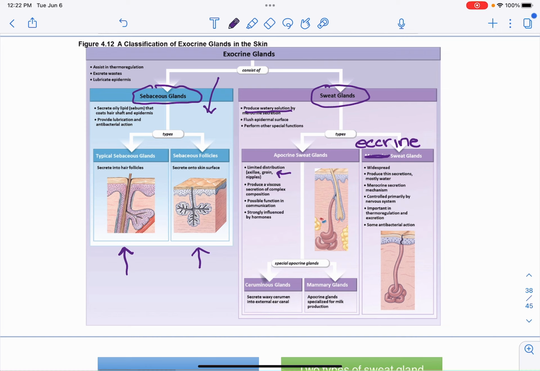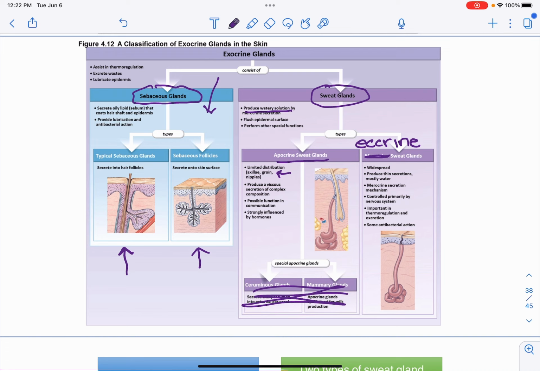There are some salts and some substances like proteins. They can have some growth of bacteria, which can lead to body odor. So that is what apocrine sweat glands are. They are associated with hair too. We're going to skip that portion, those types of glands.